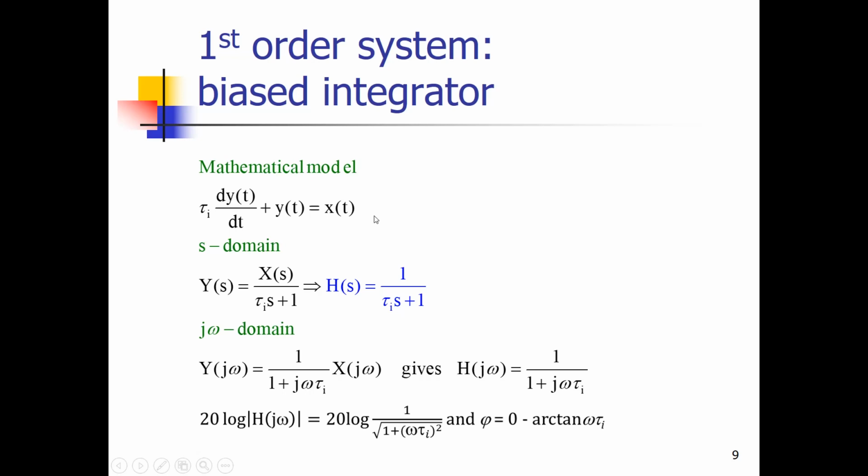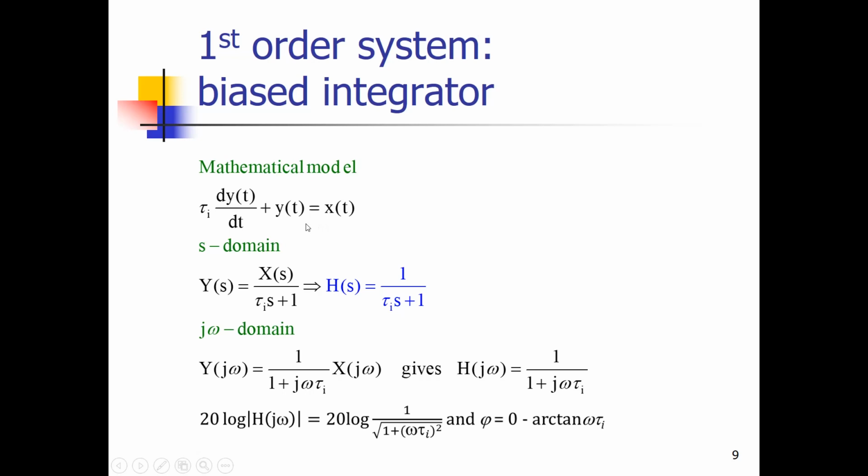In electronics you can think of an RC network, but also a first order representation of a DC motor from input voltage to angular velocity is a first order system description. So this is the mathematical model description in the time domain, the differential equation.